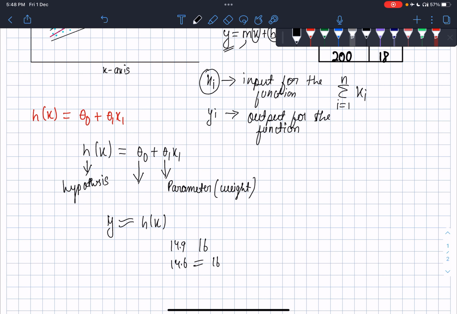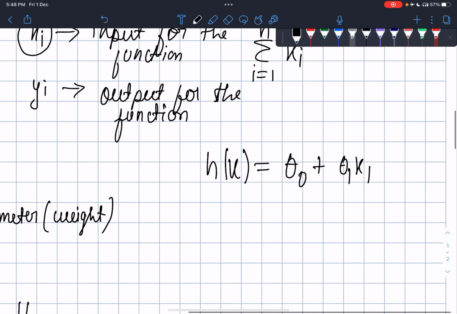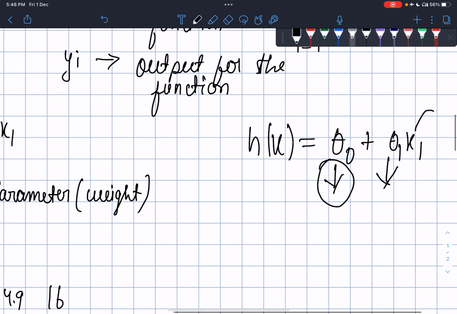Now you have the equation, the hypothesis, with theta 0, theta 1 and x1. x1 is the input, and theta 0 and theta 1 are our mission. We have to find them so that we get the predicted y, the y which has been set. So the question is, how do we find this theta?